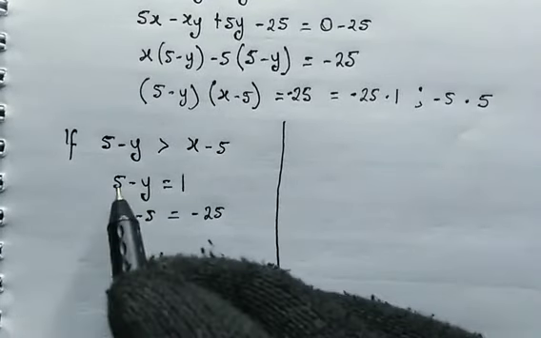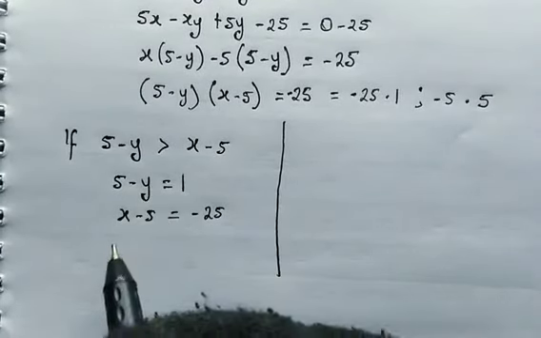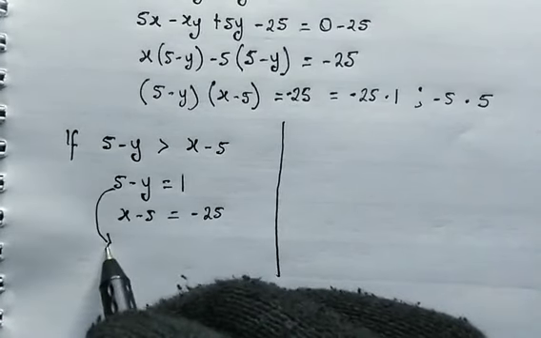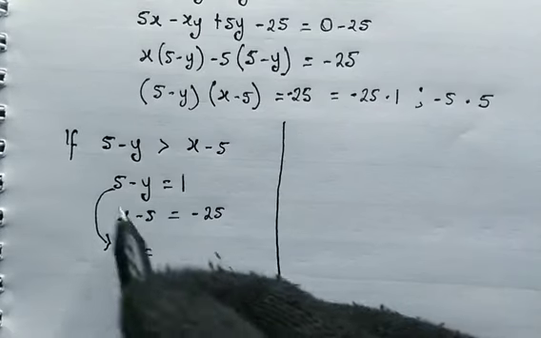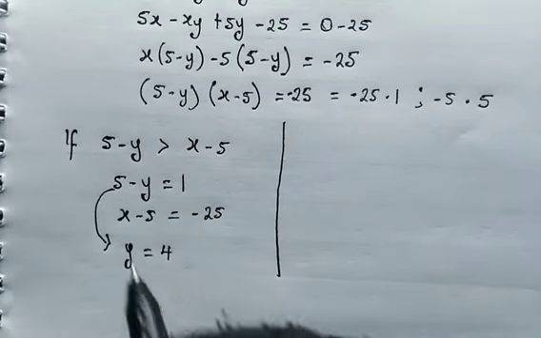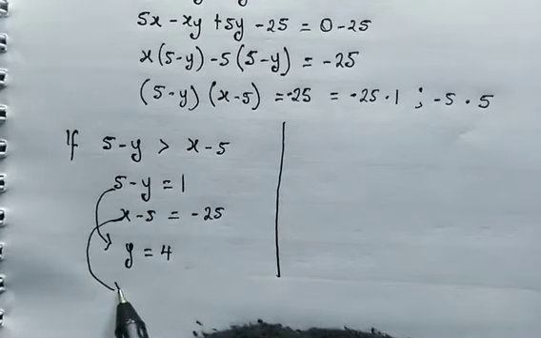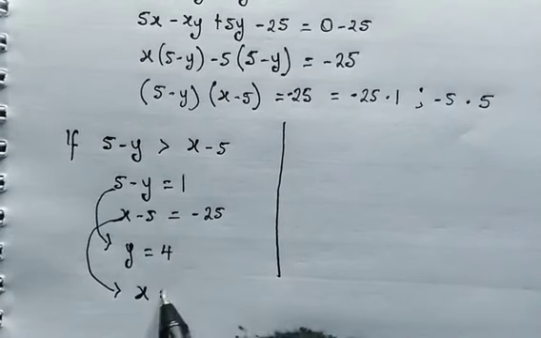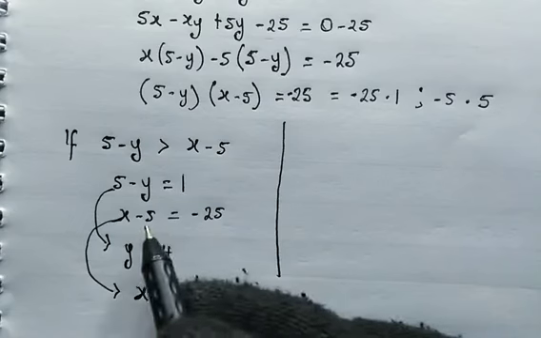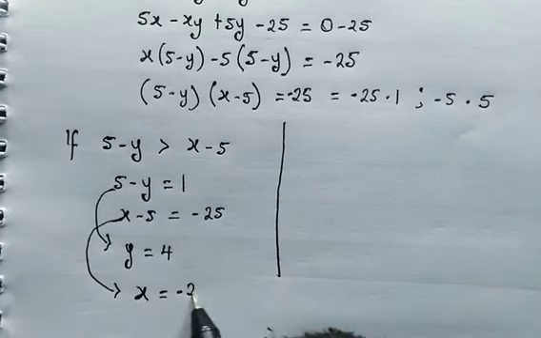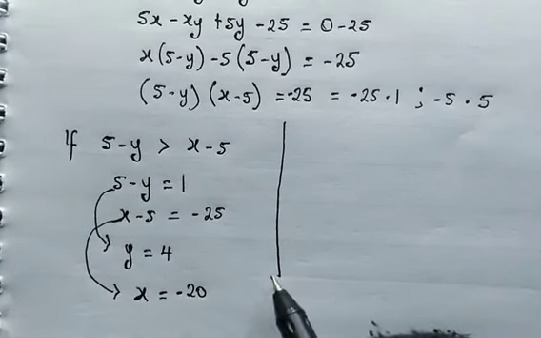Okay, from here, to solve for y, y equals 5 minus 1, which is 4. And to solve for x, x equals negative 25 plus 5. That will give us negative 20, right? Okay.